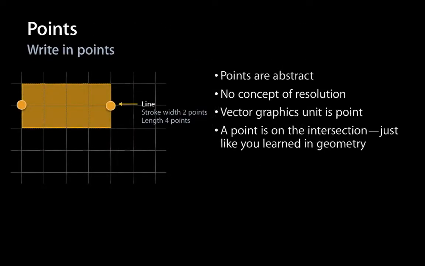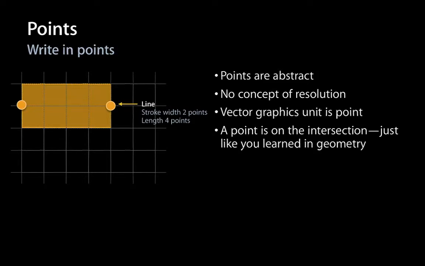So to talk about what points are: the individual, sort of the atomic bit of how you describe what you want drawn. They're abstract. They're a place in the space that you're going to draw in. There's no concept of resolution on a point. So Quartz doesn't present to you an API that thinks in terms of dots per inch.